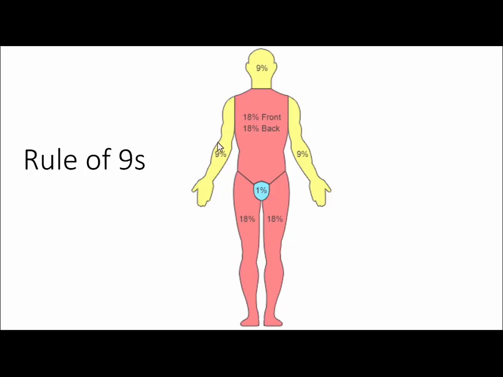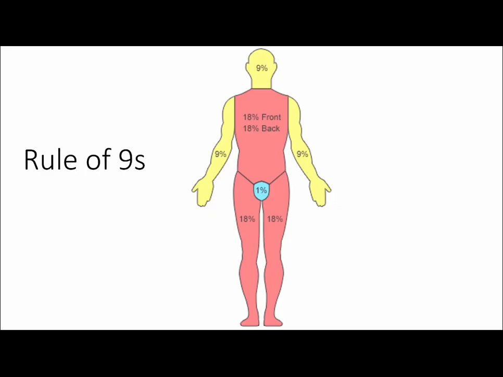Your arm has 9%, either one. Then we have 18% on the front, so 9 more in the thorax and 9 more in the abdominal area, and 18% on the back. Our legs are going to be longer than our arms, so each one has 18% front and back. And then our genitals just make up 1% of the potential burn area.